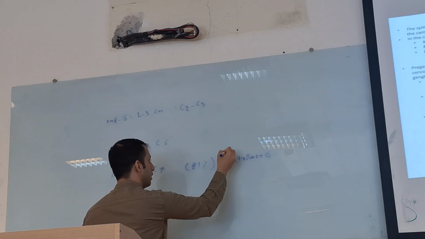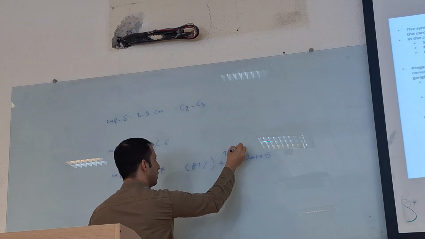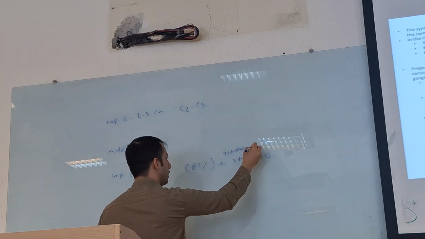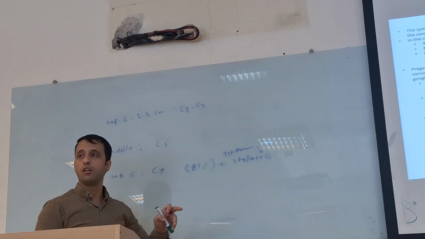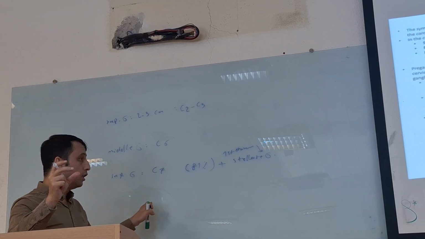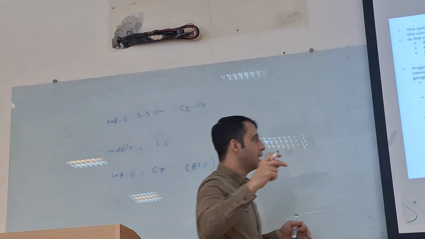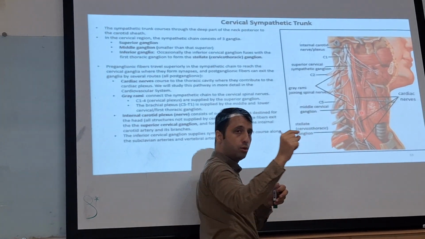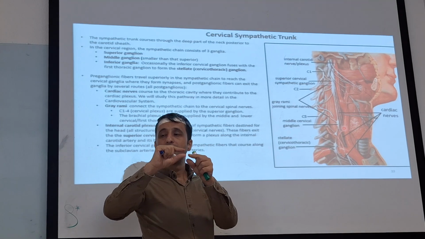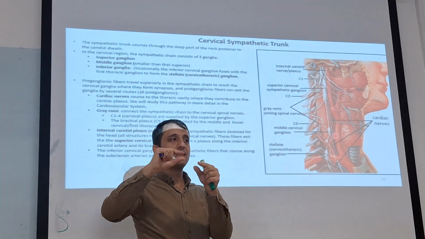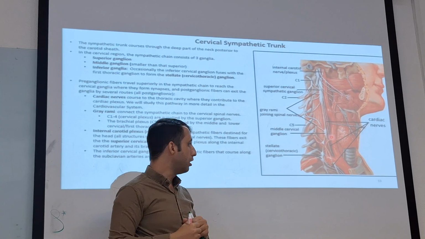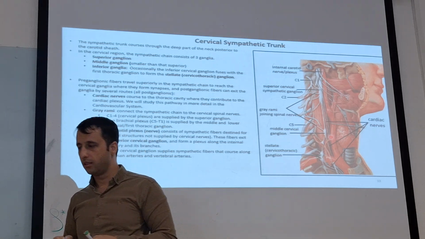Stellate ganglion is located, look at here, anterior to the number 7 transverse process of the cervical vertebra.